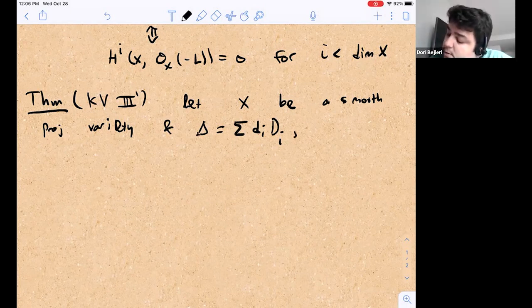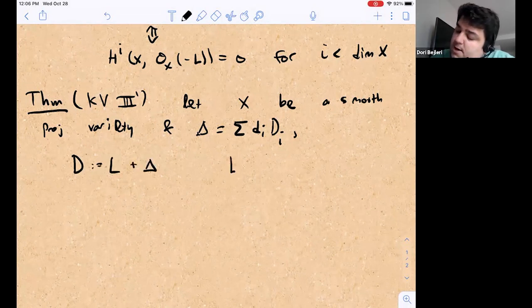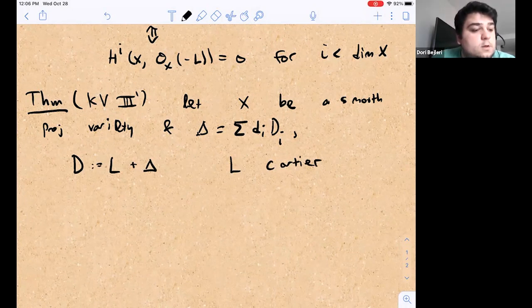And let's say we have some other divisor D, which is of the form L plus delta, where L is Cartier, and assume furthermore that D is big enough.